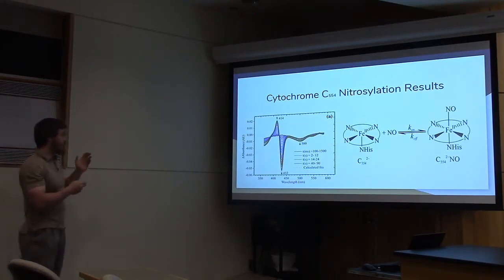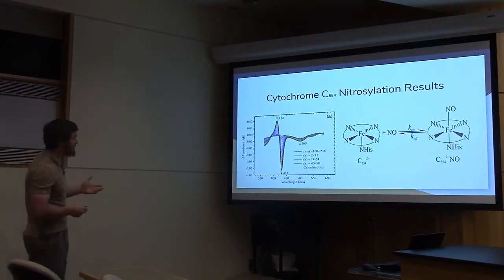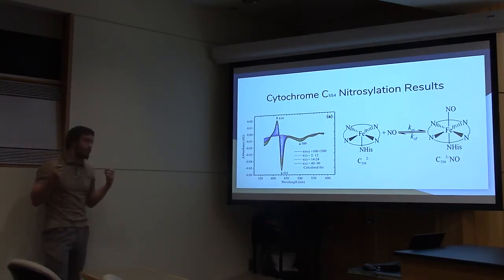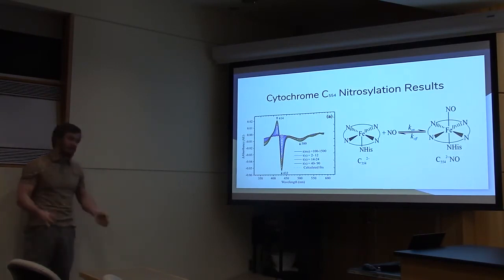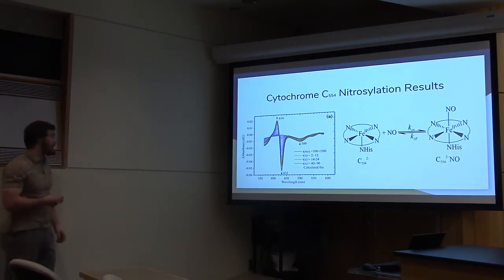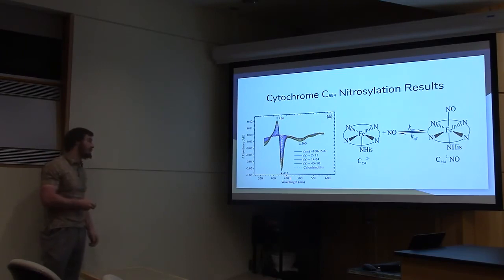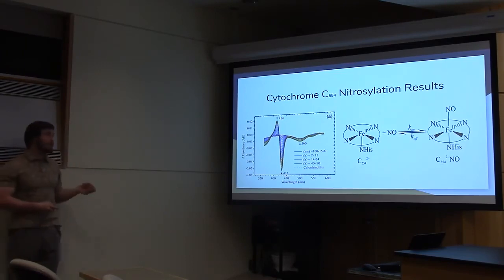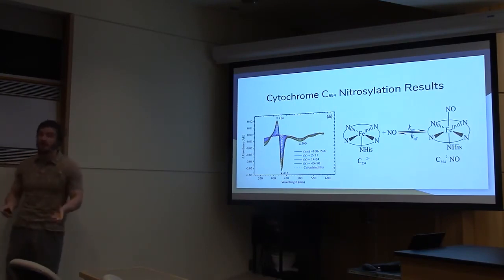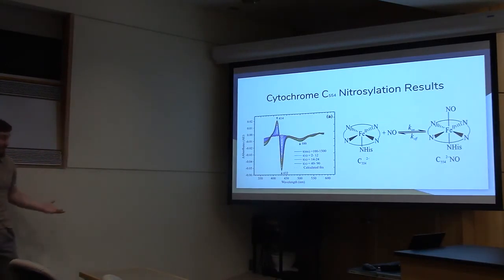Well, on the left here is a time lapse of a spectrum of the reaction when nitric oxide was introduced to the heme, and the signals at 414 and 432 correlate to yes, nitric oxide binding to this metal center. That was a success.